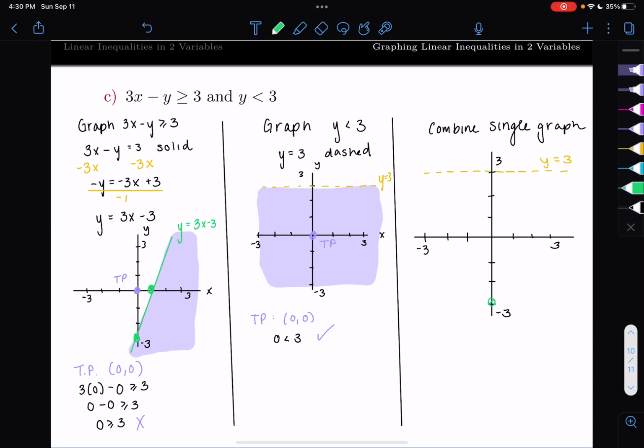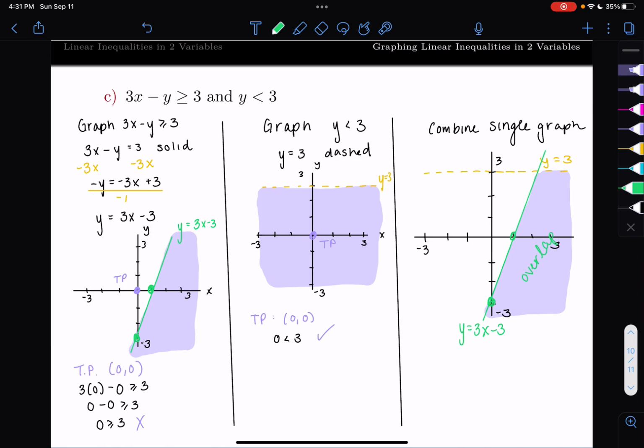We've got our solid line here, which is y equals 3x minus 3. And the region that works for both of them was this bottom right region. So I've got to be below the dotted line to the right of the solid line. And so this is our overlap.